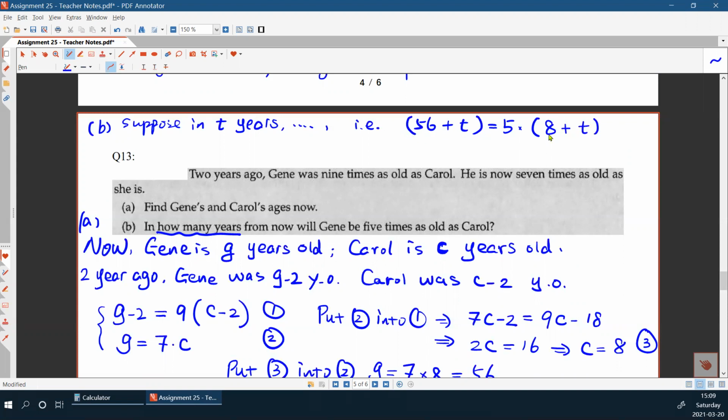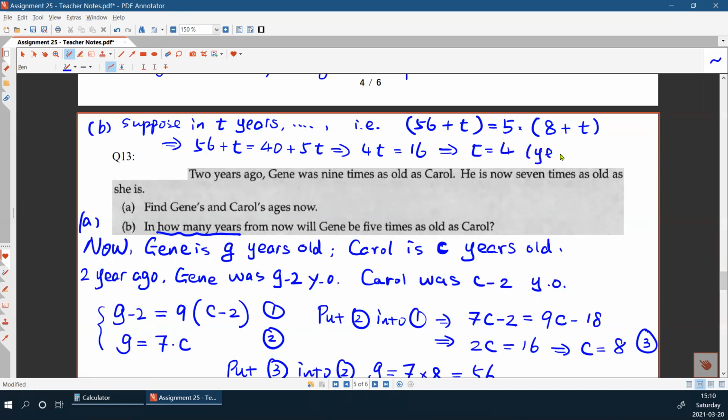And then we have one variable and one equation. Of course, you can solve the value of T, right? Okay, so that means 56 plus T equals 5 times 8 plus T, which is 40 plus 5T. So that means 4T equals 16, sorry. So that means T is 4.